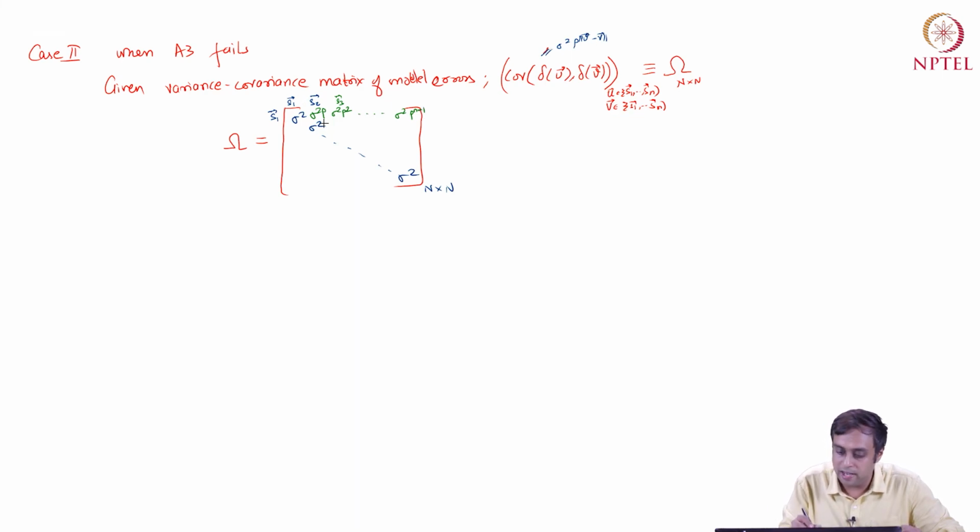Similarly, when I'm looking at the second location S2 in the row, and I move across columns, S1 will have sigma squared rho, since u minus v is just 1. On S3 I will also have sigma squared rho, because 2 minus 3 is also 1, and all the way till sigma squared rho to the n minus 2. So I can keep going.